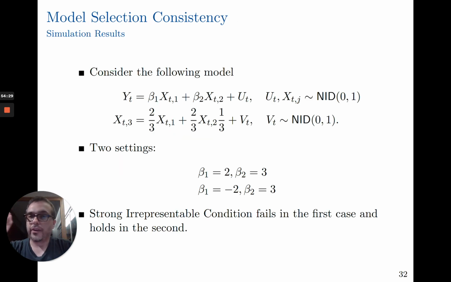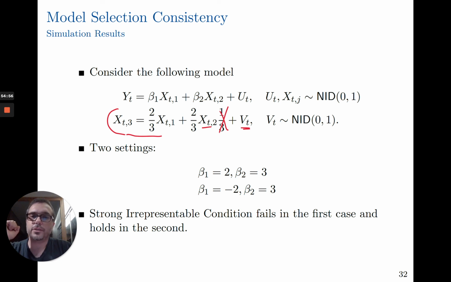Let me finish with an example. I have a linear model here, okay? And x3 depends on x1, on x2, and on vt. This x3 here does not exist in the true model. Okay?